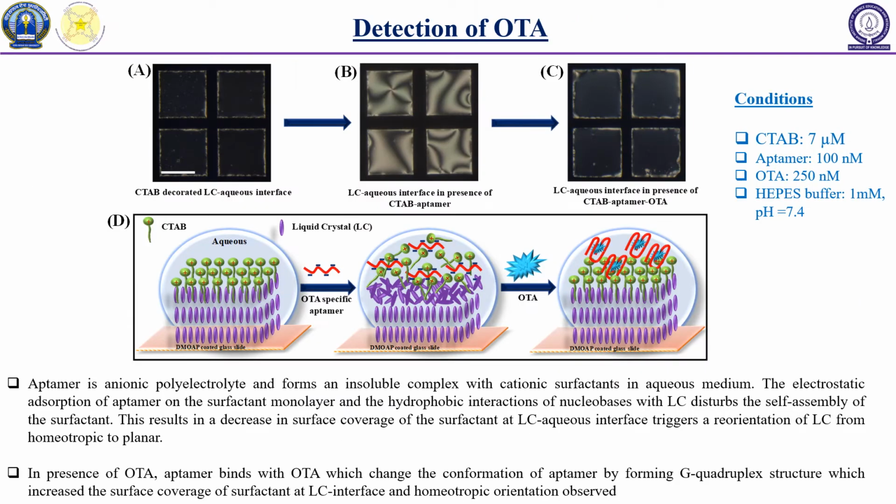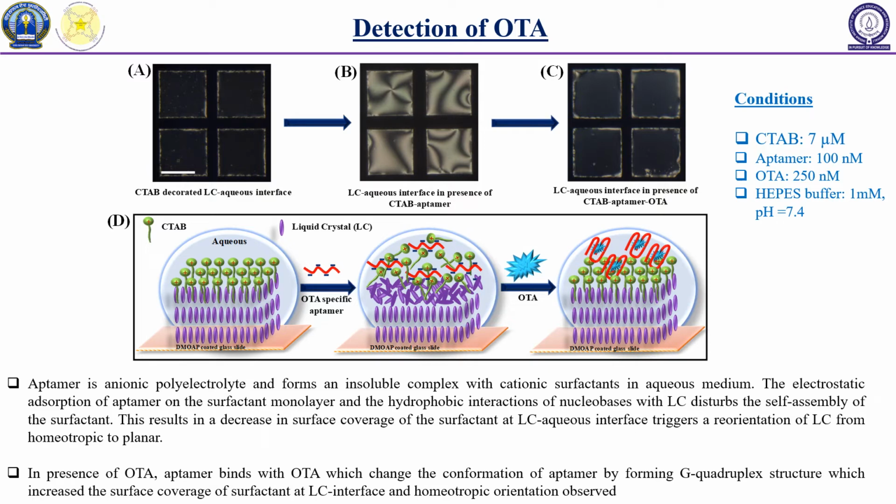discussed in the previous slide, the CTAB-decorated LC aqueous interface gives the homeotropic orientation due to the hydrophobic interactions between the tails of the CTAB molecules and the LC molecules, which on the introduction of the aptamer forms an insoluble complex with the CTAB molecules in the aqueous medium.